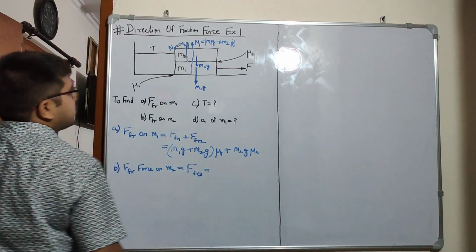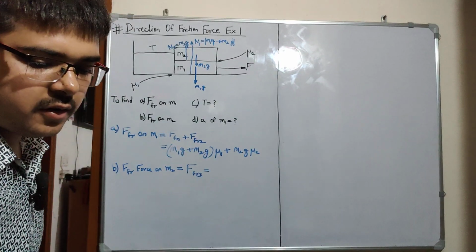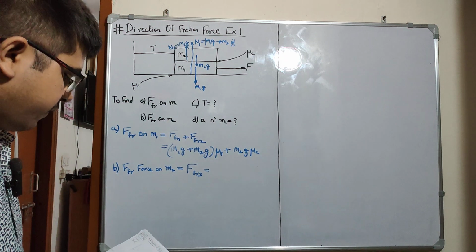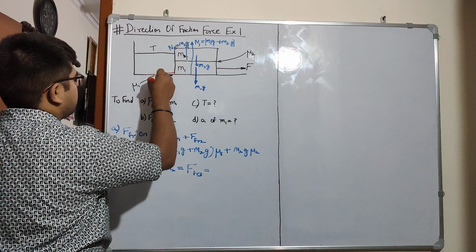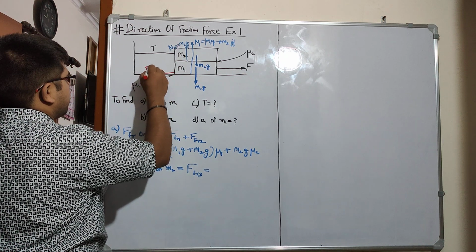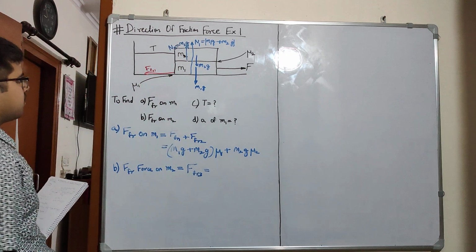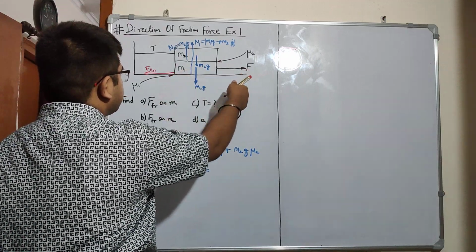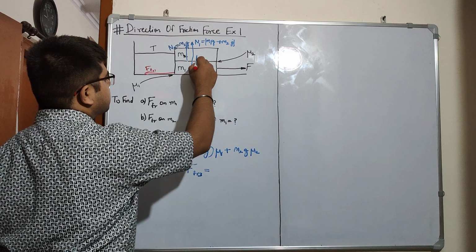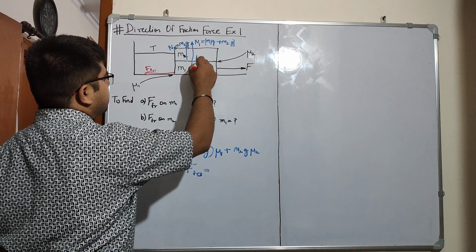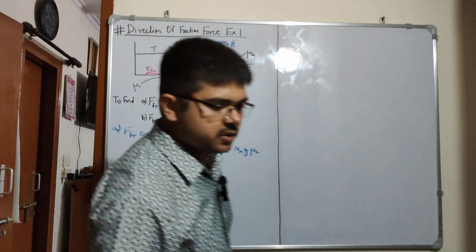I'll write down here what FR1 and FR3 are. So we have FR1 here. Now this is moving in this direction, so the friction force will be in this direction.